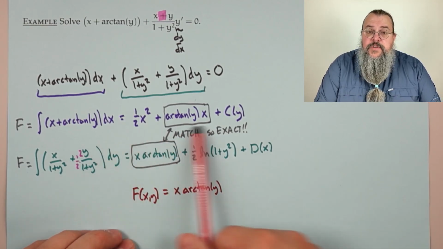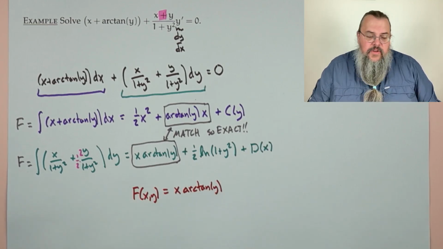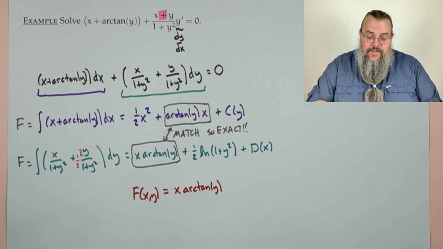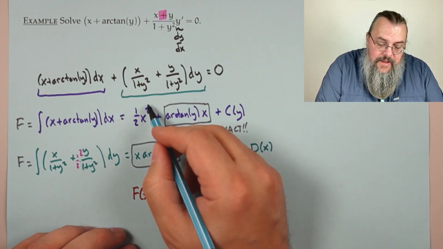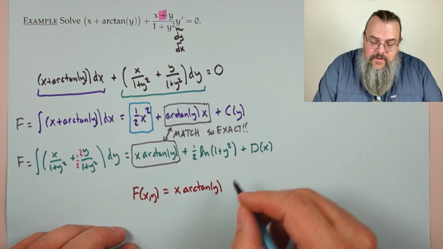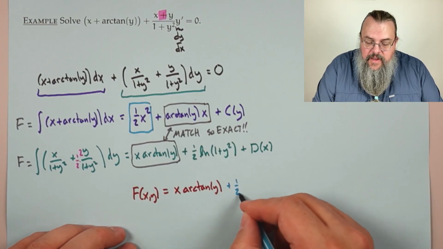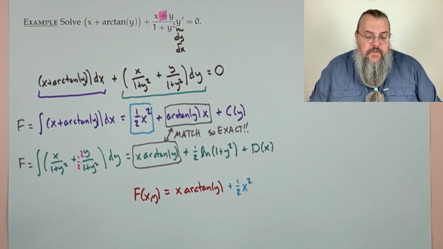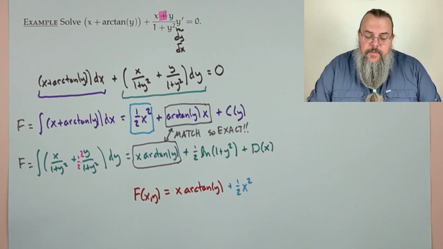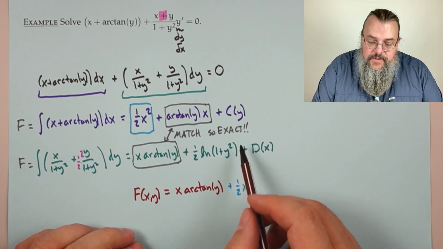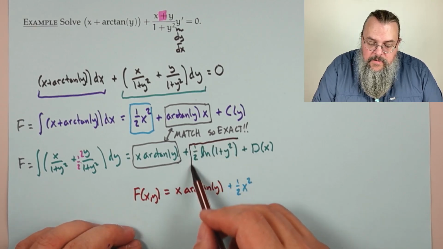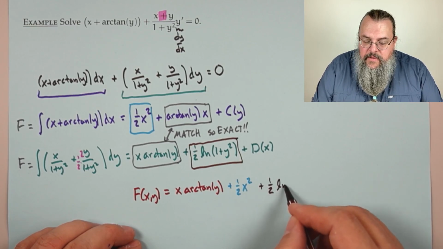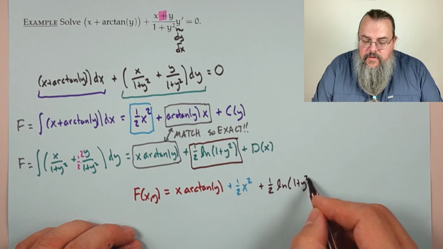Then we come up to the first integral, and we say, is there any term which only depends on x? Okay, that's here. So we're going to add that part in, plus 1/2 x squared. And then we go to the second one. Is there any term which only depends on y? Well, yeah, right there. So we add that term in. So 1/2 log 1 plus y squared.